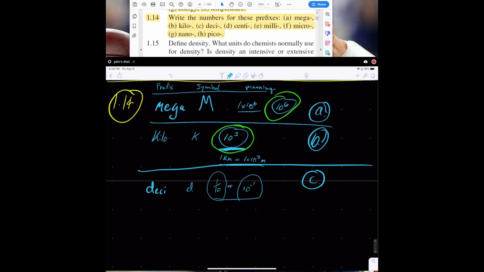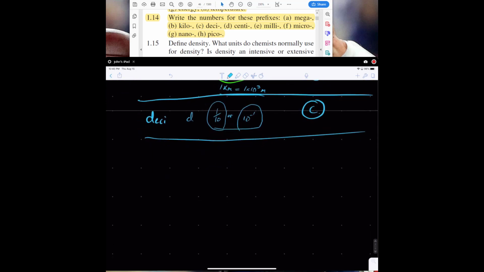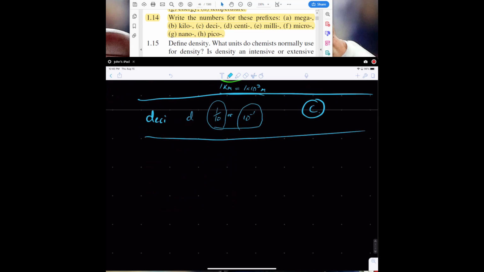But this here, 10 to the minus 1, is the answer that it's asking us for. Let's see, E wants milli. The symbol is lowercase m, and this one here is 1/1000th of a base, or 10 to the minus 3, right?